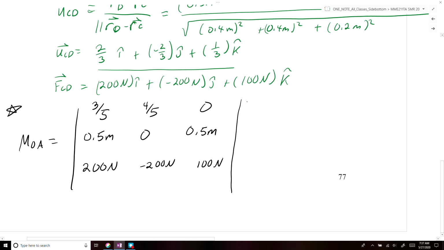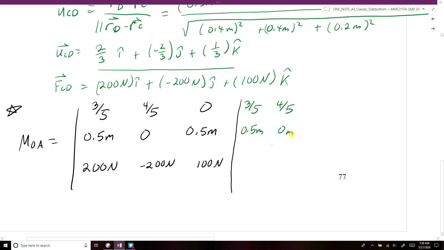The first step when we have this determinant is to rewrite the first two columns of our matrix on the right hand side. If we do that, we get 3/5, 4/5 on the first row, 0.5 meters, 0 meters on the second row, and 200 newtons and then minus 200 newtons on the last row.